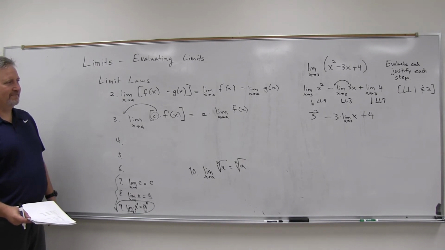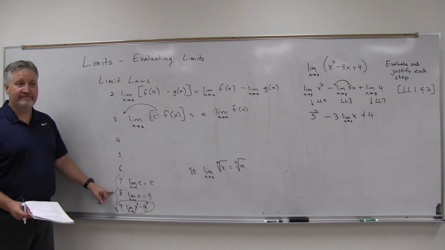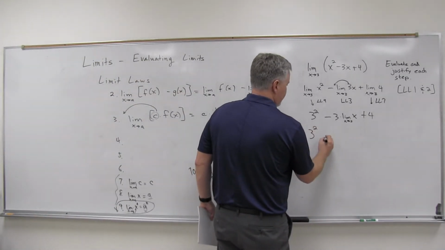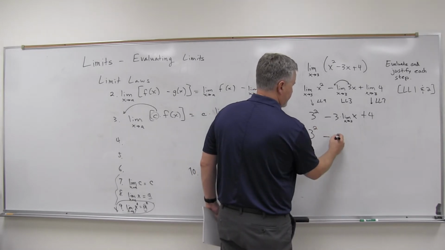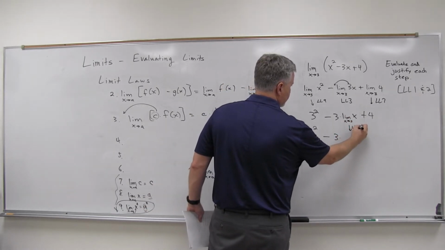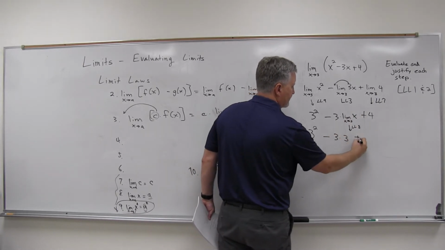Okay, now, that leaves us the middle one, but the middle one now by limit law 8. Limit law 8, I can say, so we got 3 squared. Let's leave it that way. I'll evaluate here in a second. So 3 squared, bring it down 3 times by limit law 8. As x approaches 3, that goes to 3, and then plus 4.